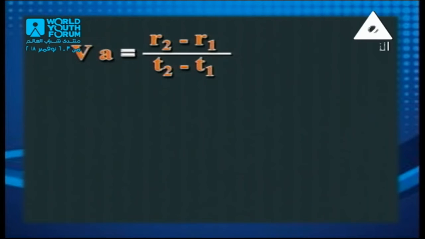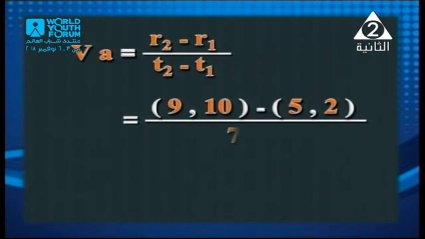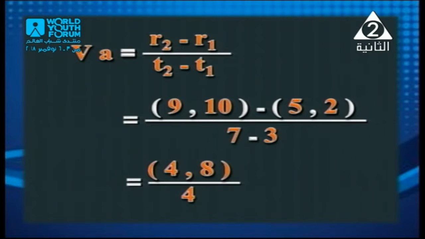We have two times, T2 and T1. By substitution, the first point is (5, 2) at time 3, and the second point is (9, 10) at time 7. Look, my dear student: the answer is 9 minus 5 = 4, 10 minus 2 = 8, 7 minus 3 = 4.